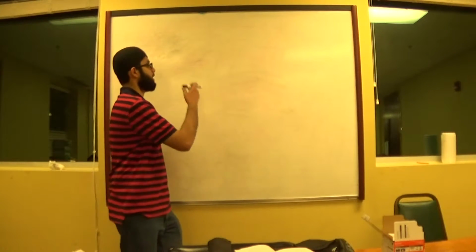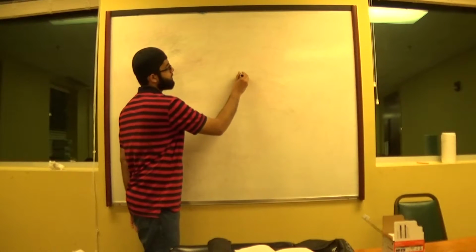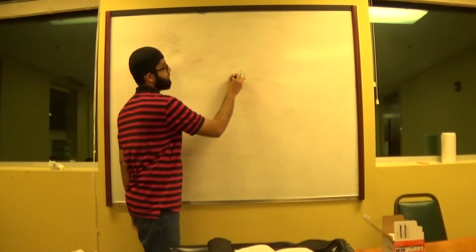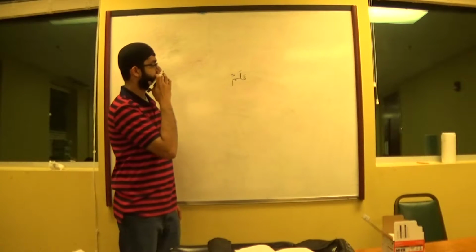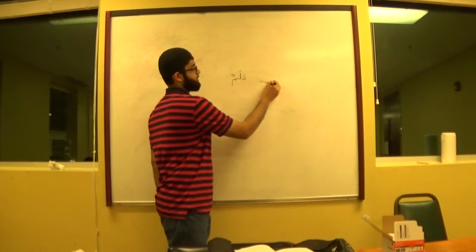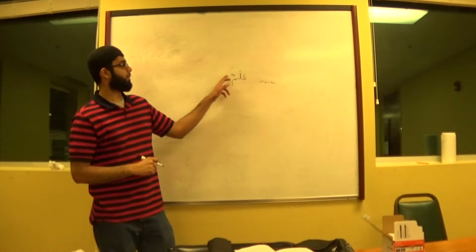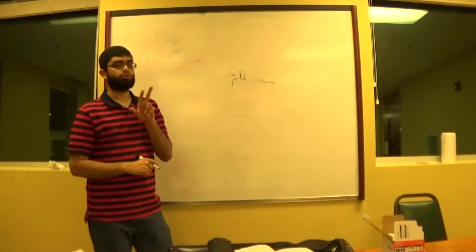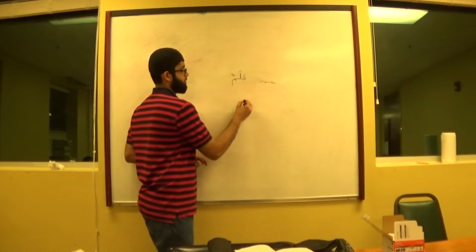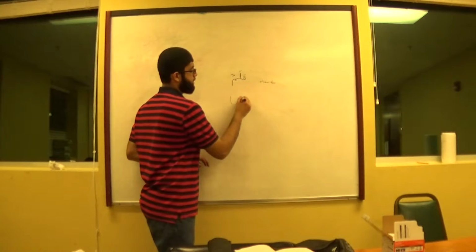Because if you remember last class, if I want to say qalamun, which means pen, then this is marfu' form, because it has a dhamma. What if I want to say two pens? Qalamani. I add an ani.